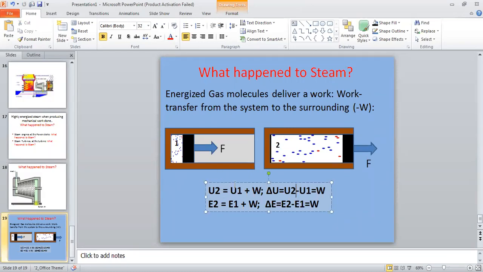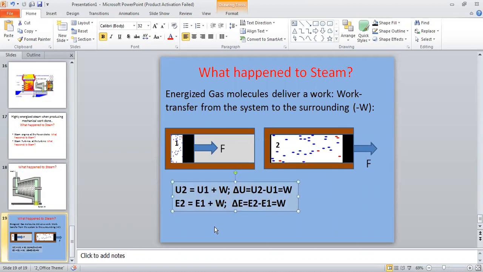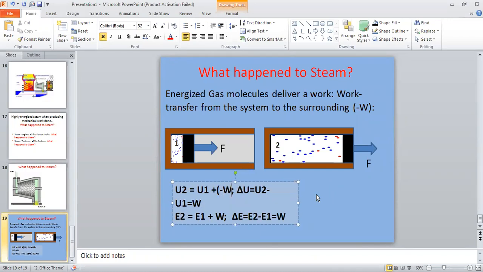So U2 is U plus W. So plus W is minus W now. Actually doing work is negative, meaning from the system to the surroundings.